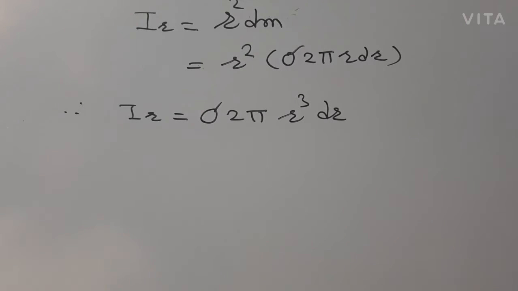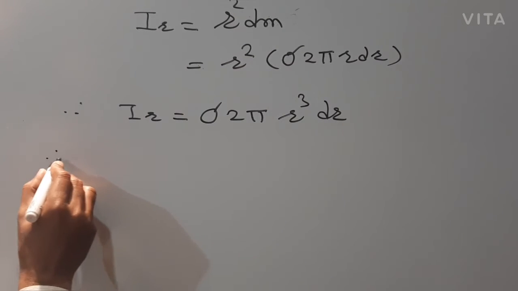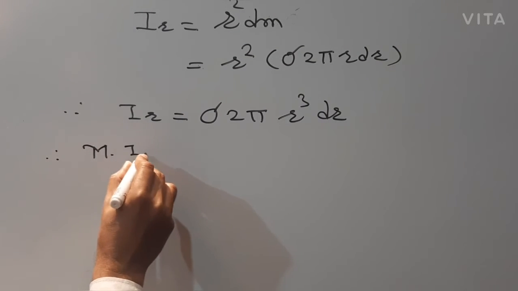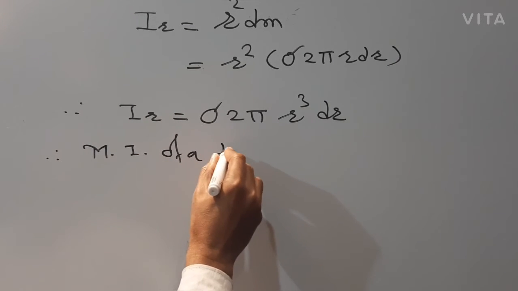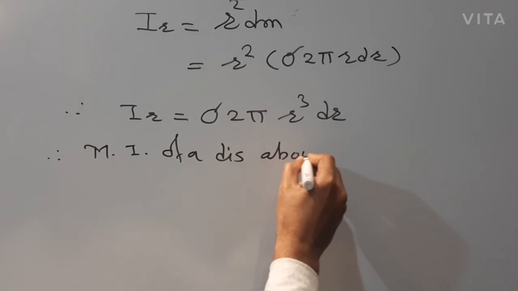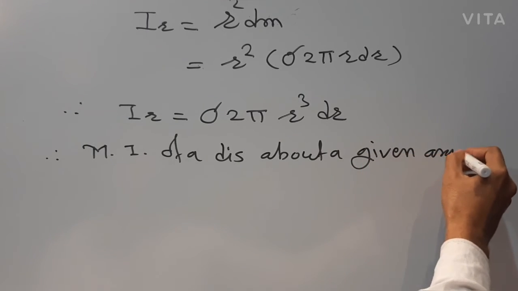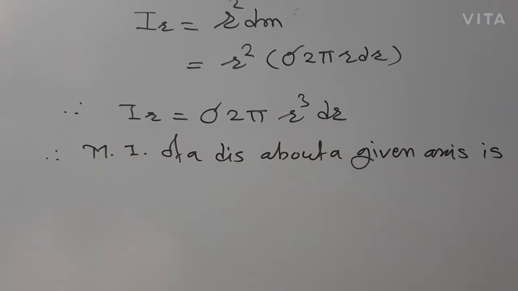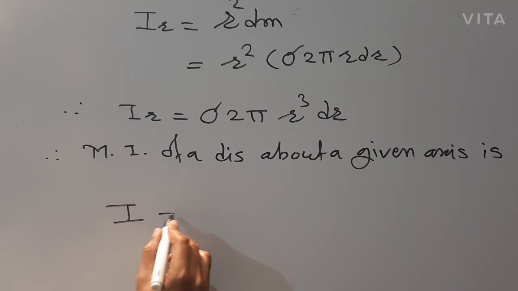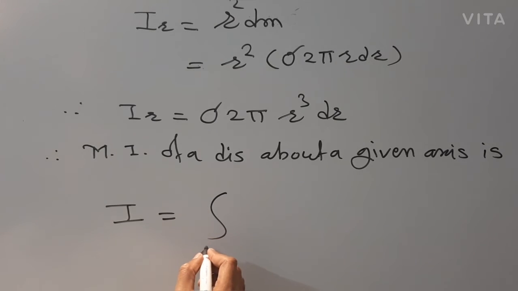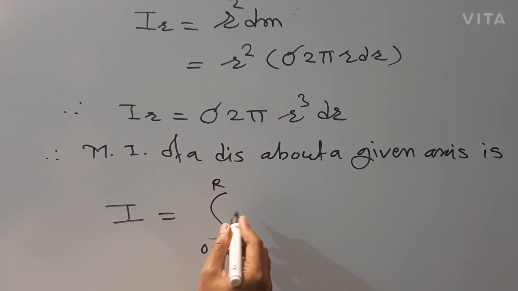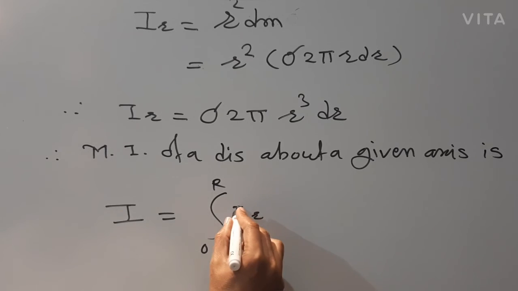If a ring is an element, then the M.I. of a disk about a given axis is I equal to the integration from 0 to capital R of I_R.